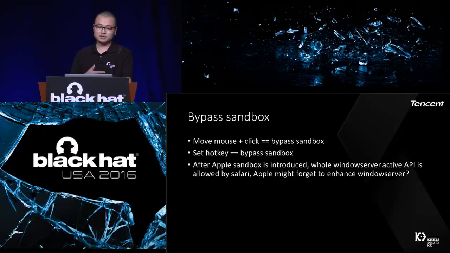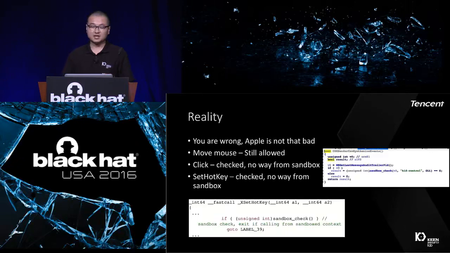For example, if we need to bypass the Sandbox, the first thing we think of is move the mouse plus click. If we can simulate this operation, then it means bypassing the Sandbox, because we can move the mouse to the calculator icon and then perform a double click. And also we may do some set hotkey operation to set up our own customized hotkey. So let's do the real exam to see how they can be done.